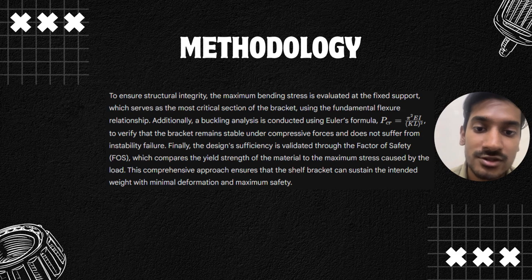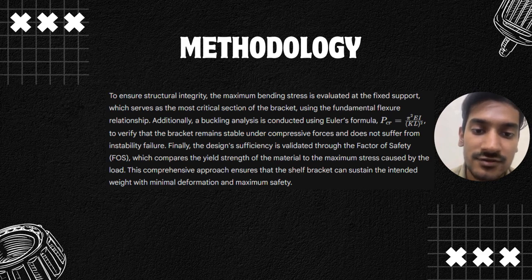So next, to ensure structural integrity, the maximum bending stress is evaluated at the fixed support, which serves as the most critical section of the bracket, using the fundamental flexure relationship. Additionally, a buckling analysis is conducted using Euler's formula, which is Pcr equals pi squared EI over KL squared, to verify that the bracket remains stable under compressive force and does not suffer from instability failure.